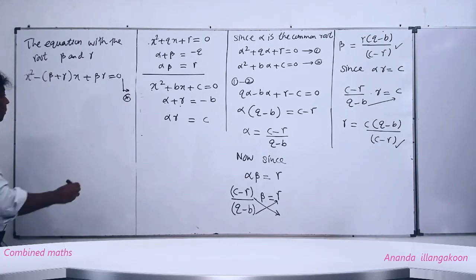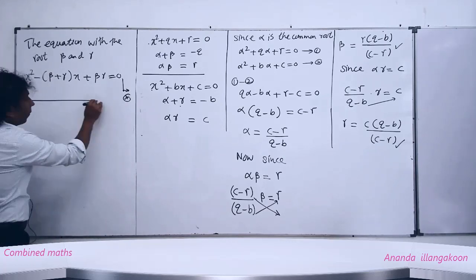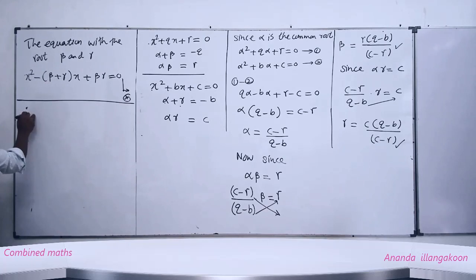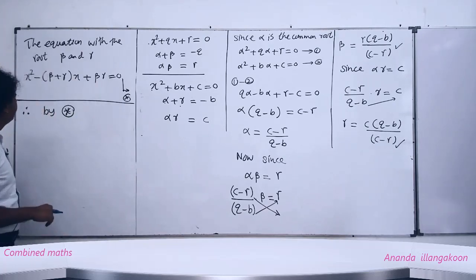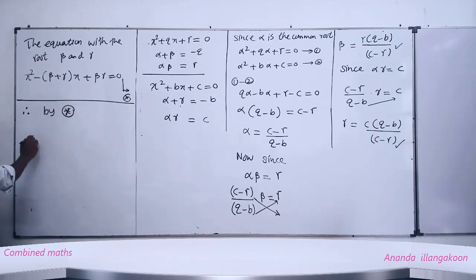Then you can write, therefore, by star. Star is this, no? What is that star? The equation with the roots beta and gamma. Then substitute those beta, gamma answers here. We get what? X squared minus, what is beta?